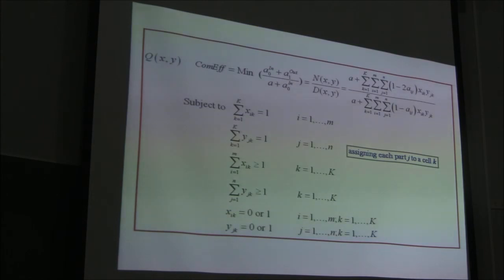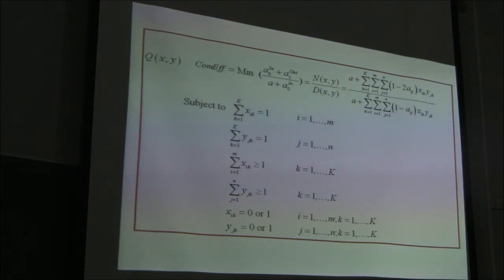And then we don't allow empty cells. That is to say, in each cell there is at least one part and one machine. This is to force the number of cells to include something. And the variables are equal to 0 or 1. So these constraints specify an integer programming problem. In fact, it's binary.